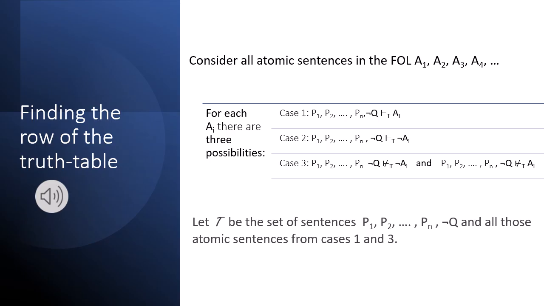It's really going to be necessary for us to do this expansion and consider all these atomic sentences, because later on, when we're proving the key lemma for this completeness theorem, we will have to consider proofs that include atomic sentences that maybe don't appear in P1 through Pn and the negation of Q. That's because if you applied something like disjunction introduction, you could introduce an atomic sentence that didn't appear in these assumptions.